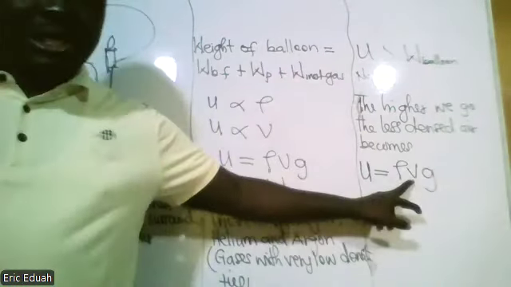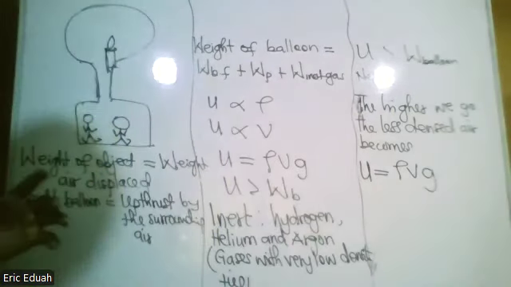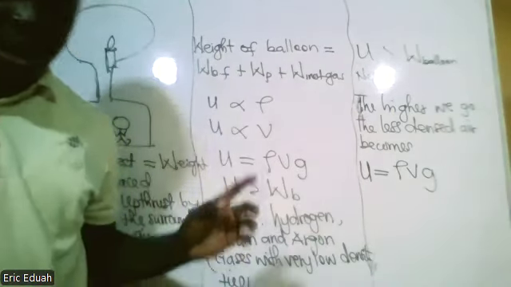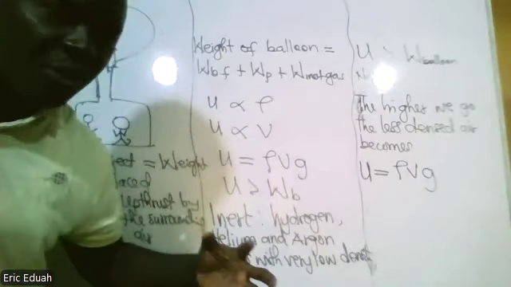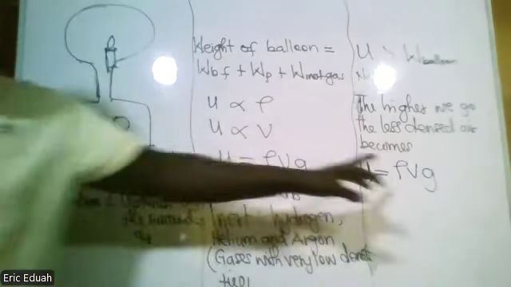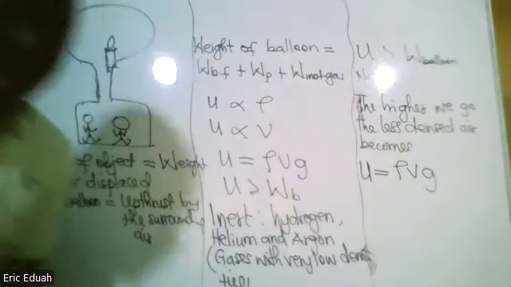V is constant. V has to do with the volume of the balloon fabric. The larger the balloon fabric, the larger the volume of air that will be displaced. Gravity is also constant. Yes, it is true.